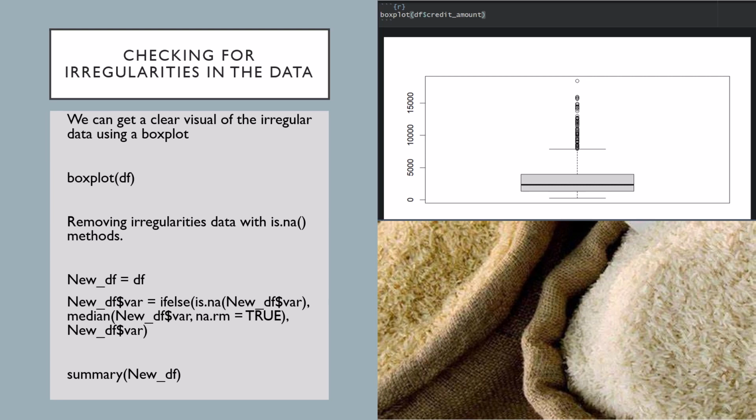So in case you want to do away with outliers, or if you want to replace them with the median, you just run the command below that specifies the if else command. The code down there, the second last, will help you do away with outliers.